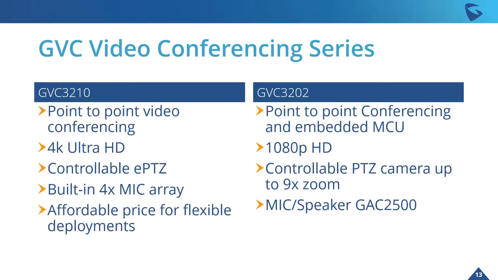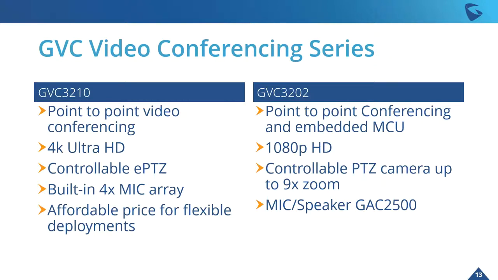So just to give a quick comparison, I'm going to compare the GVC3210 to the 3202, because the GVC3210 is kind of the next step down the line comparatively to the 3202. The 3210 is a point-to-point video conferencing endpoint, where the GVC3202 can support point-to-point conferencing, but also has an embedded MCU.